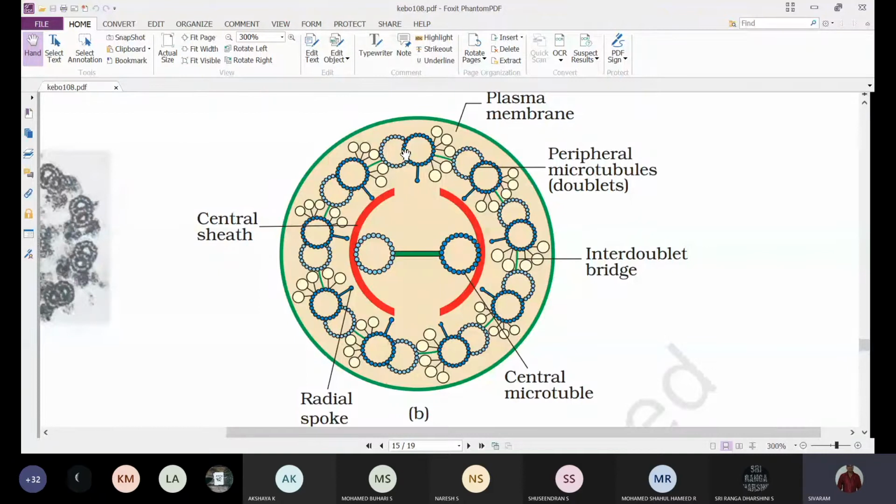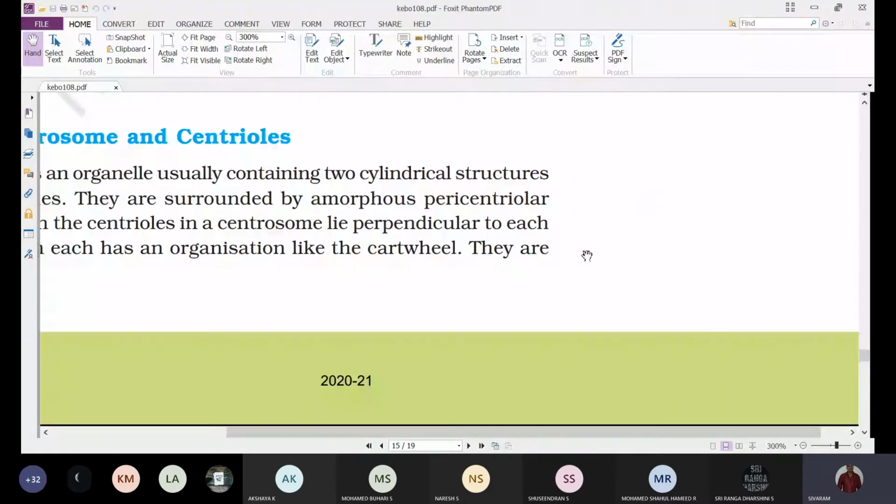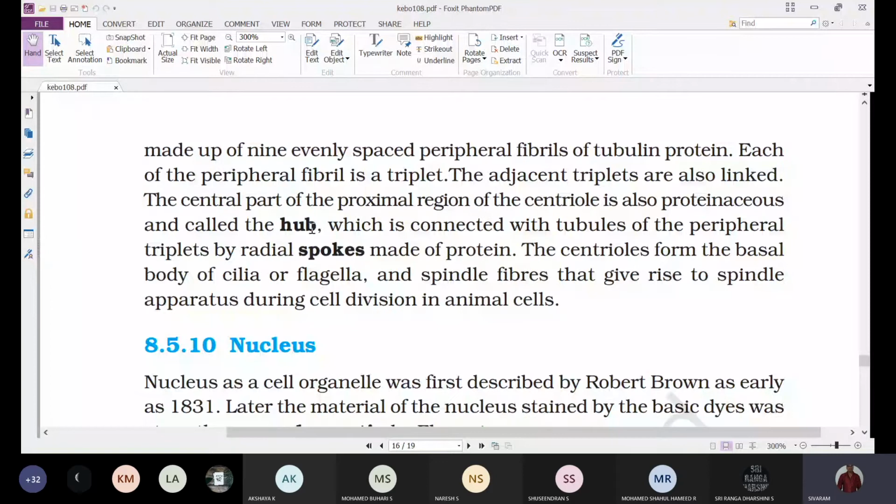The central part of the proximal region of the centriole is also proteinaceous and called the hub. This centrally located structure, the hub, is connected with the tubules of the peripheral triplets by the radial spokes made of protein.